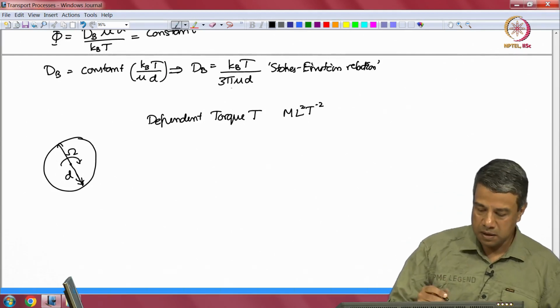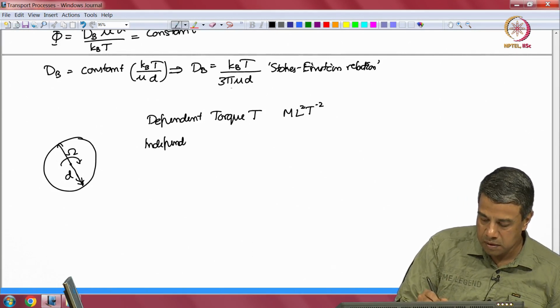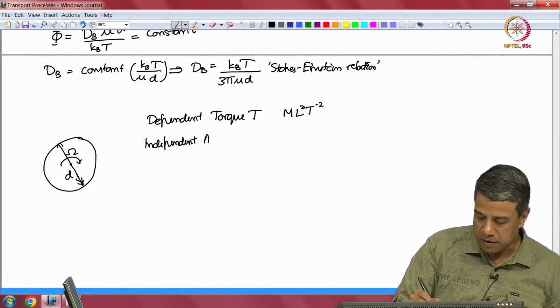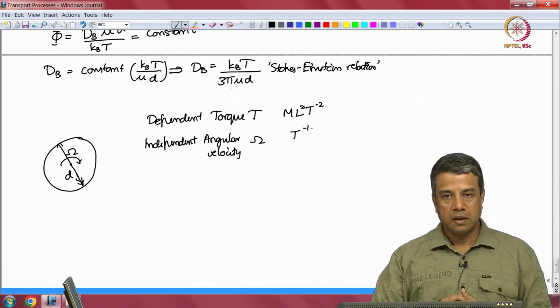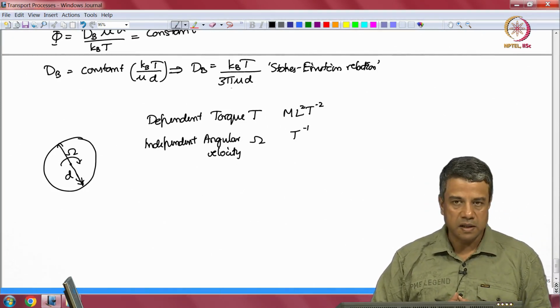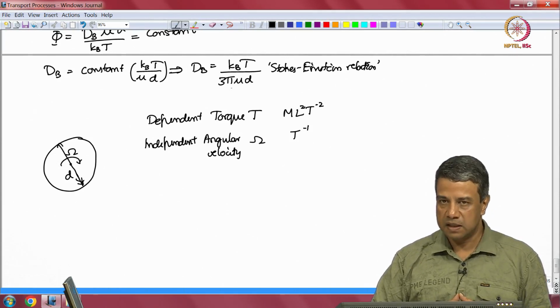The independent quantities are angular velocity, omega, which has dimensions of t inverse. Note that the angular velocity is the ratio of the linear velocity and the distance to the center of rotation. Linear velocity is L t inverse divided by distance is t inverse.